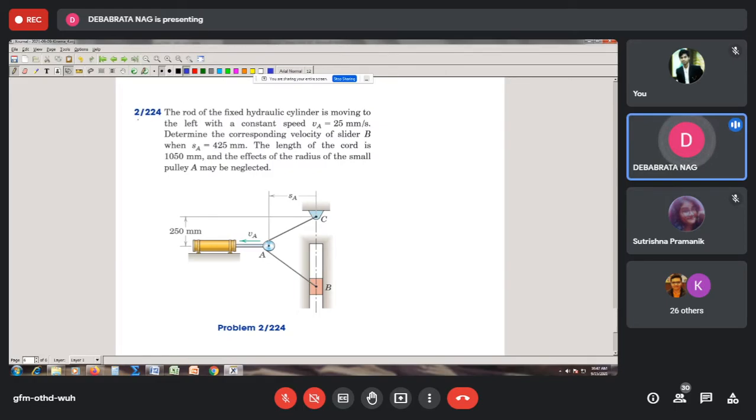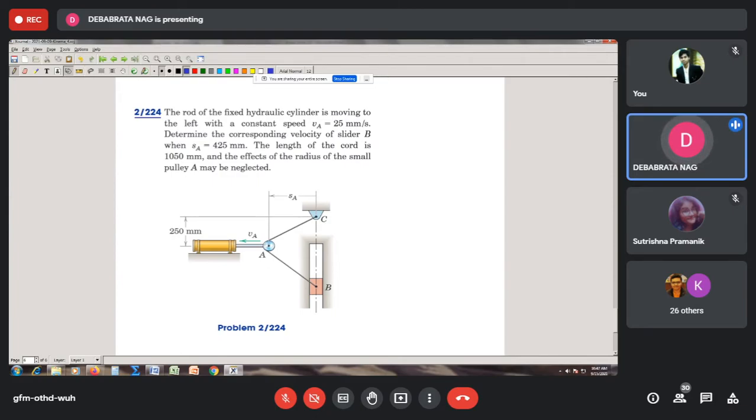So now I come to problem number 2/24, which shows a system being given to us. Physically understand the system. There is a plunger here, an oil cylinder, and the plunger is carrying a small pulley.